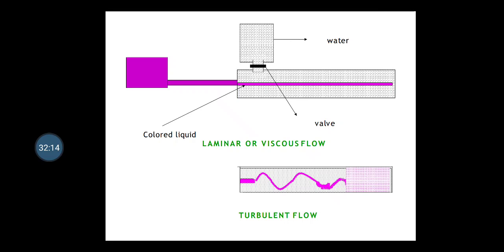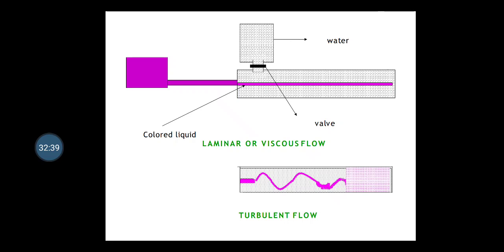Below that there is a horizontal line of colored liquid. Through this fine orifice, fine glass nozzle, the colored water may flow. That is exactly the stream of your colored water. So this is all about your Reynolds experiment.